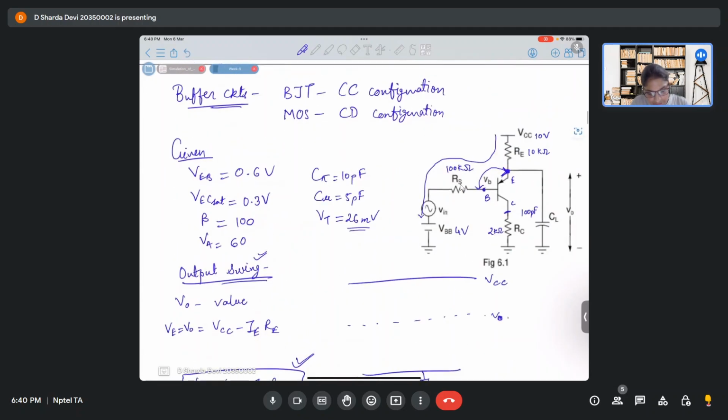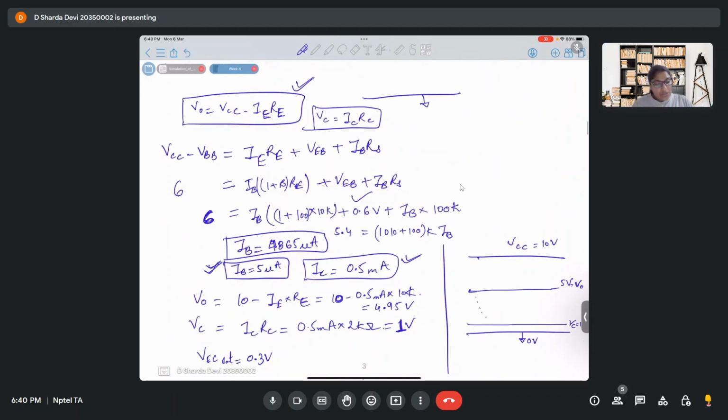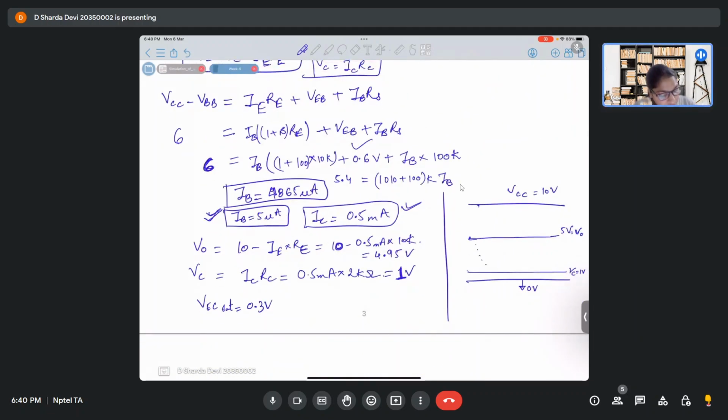VCE SAT was how much? 0.3 volts. So the moment your V0 comes close to this VC, it should maintain at least a gap of 0.3, which brings in this demarcation of 1.3 volts, right?